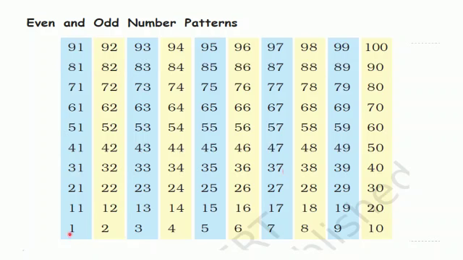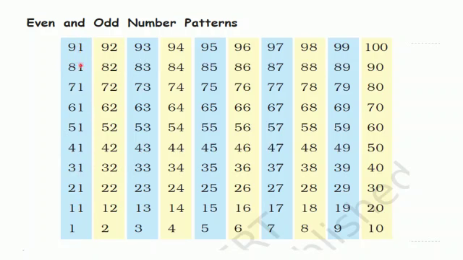Okay, they have started from down and completed till 100, and then alternate columns are colored in different colors. See, this is blue color, then yellow, blue, yellow, blue, yellow. Now just observe the columns. Here we see the last digit is 1.